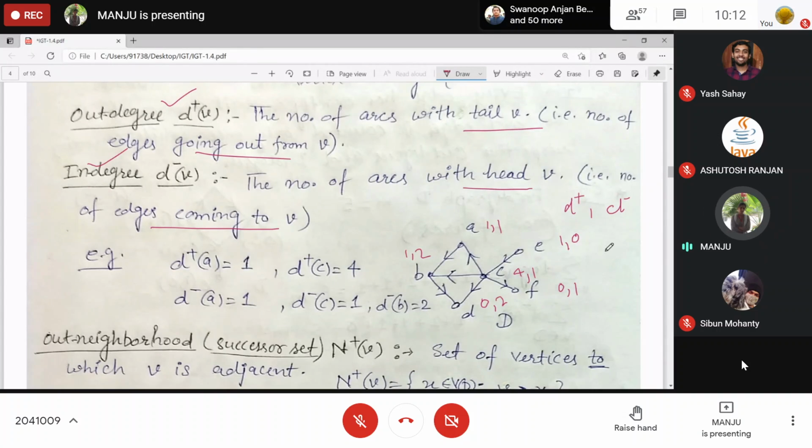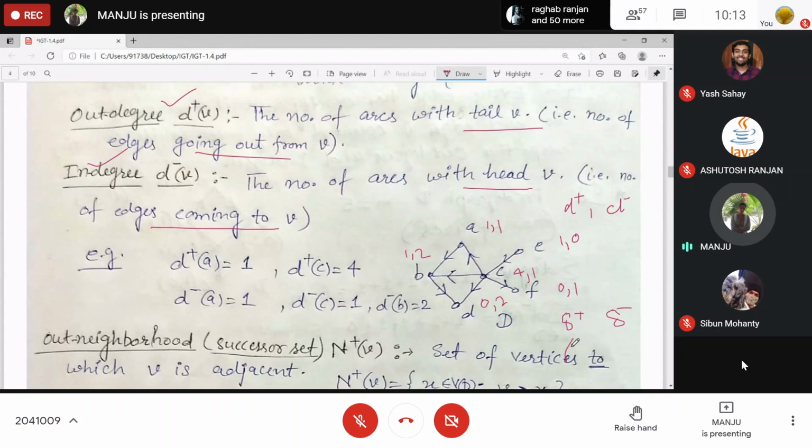At the time of simple graph, undirected graph, we had minimum degree and maximum degree, right? And here we have in degree and out degree. So minimum out degree, maximum out degree, right? This is your minimum out degree, minimum in degree.